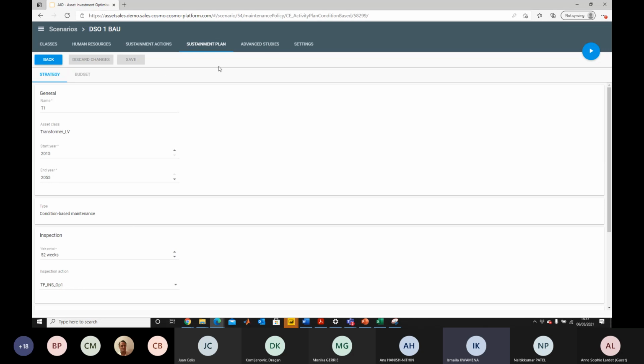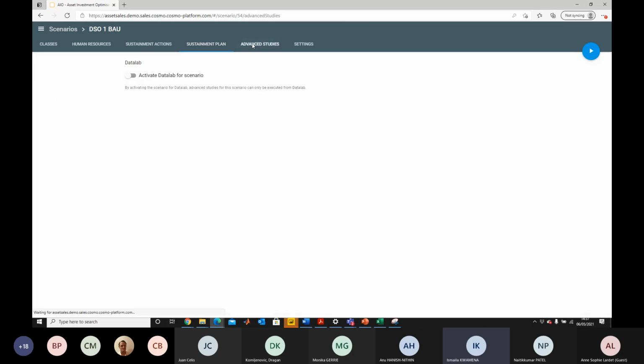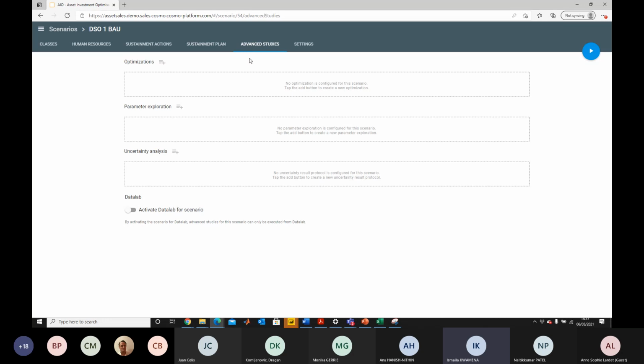Then we can go on to the advanced studies tab. So far, what we've been looking at are what-if scenarios. But with the advanced studies tab, we can investigate how-to scenarios. The main difference between the what-if scenarios and the how-to scenarios is that with what-if scenarios, you have the problem and you try to investigate various scenarios until you identify the optimal strategy to go ahead with.